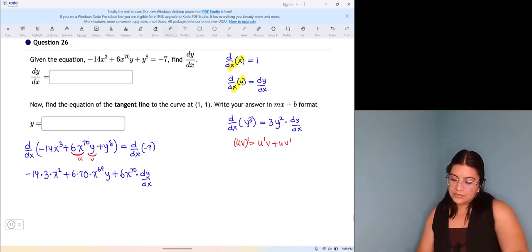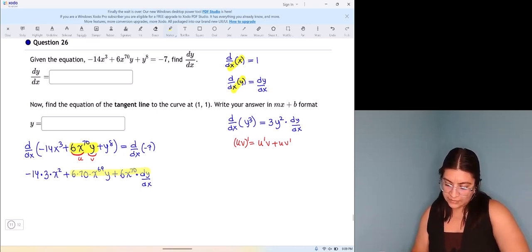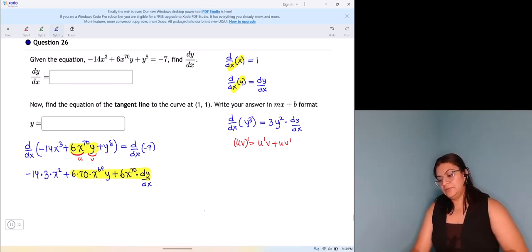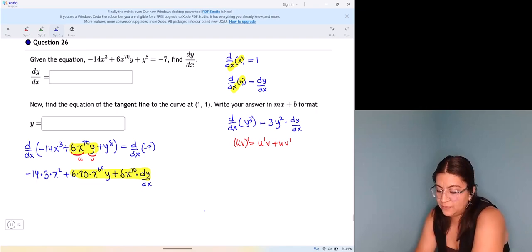One more time, because this is a u times v, its derivative is this whole thing. The last term, y to the 8th, the derivative of that is 8 times y to the 7 times the derivative of the inside, which is dy dx, equals the derivative of the right side, that's just a constant, so that's 0.